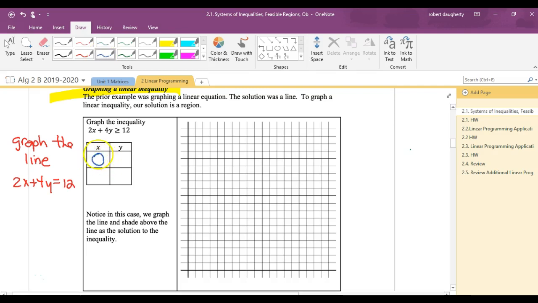When x is 0, y is 3. When y is 0, x is 6. We talked about that. So we will graph this same line. So this is 1, 2, 3, 4, 5, 6, and 1, 2, 3, 4, 5. So we will graph the same line that went from 0, 3 to 6, 0.